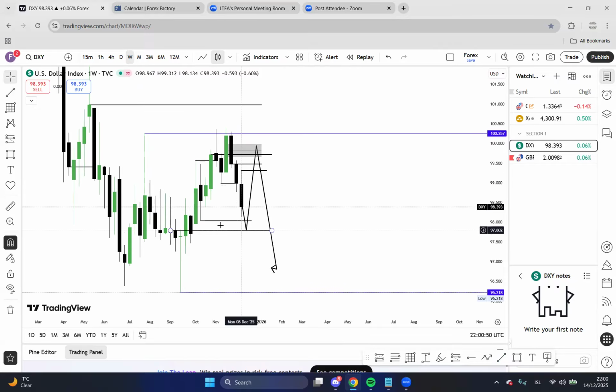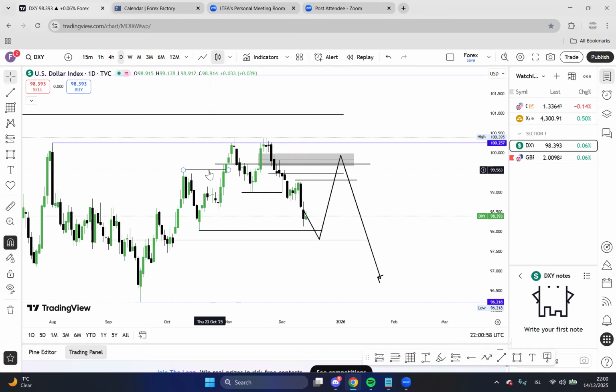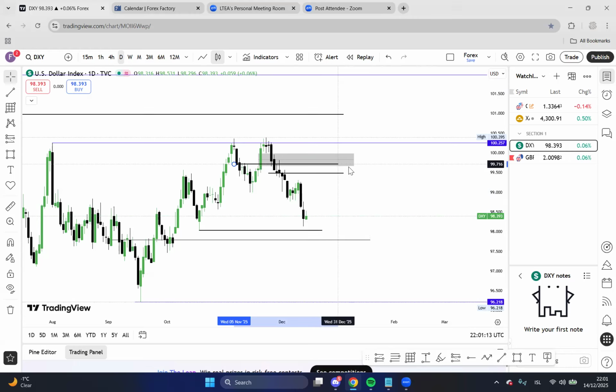So price can react off this level after taking this liquidity, then go higher, react off, and continue going down. This is something that can happen on the DSY. This is liquidity. So yeah, and this area is aligning with this inversion fair value gap, and it's a nice one there.